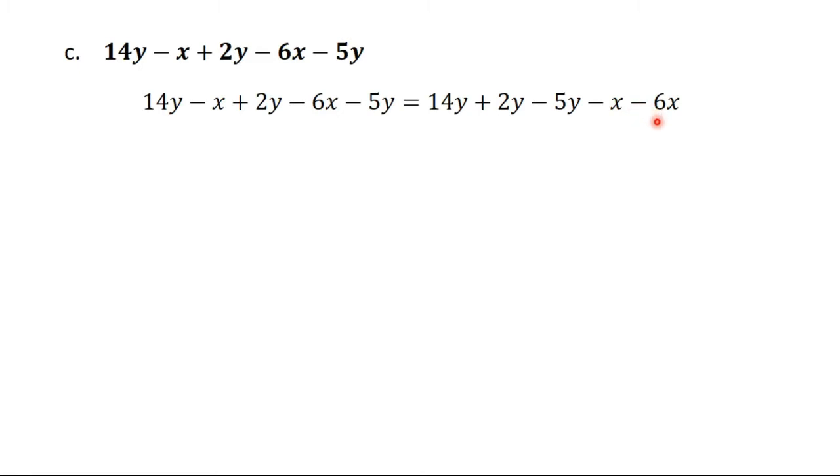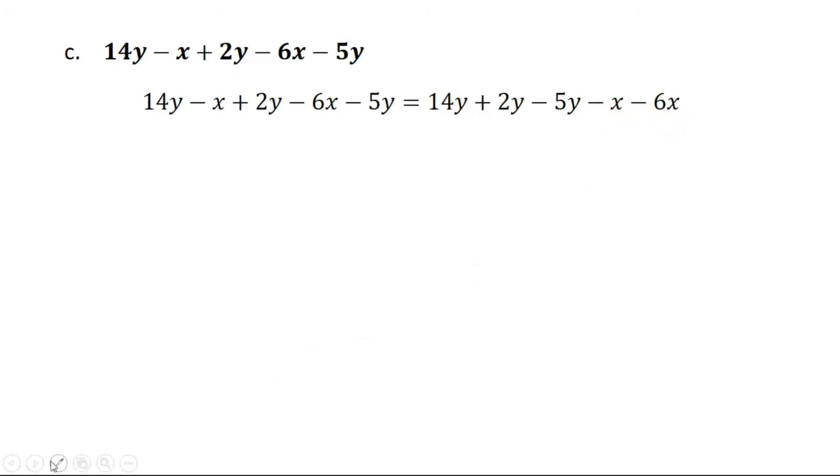Now, after we've grouped the like terms, the next thing that we need to do is to add or subtract the coefficients. So you can see from here that with the first two is addition, then the third one is subtraction. So we are going to have 14 plus 2, which will give us 16. Then 16 minus 5, which will give us 11. Then in the next instance, we have minus x minus 6s.